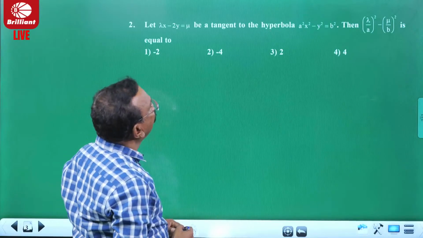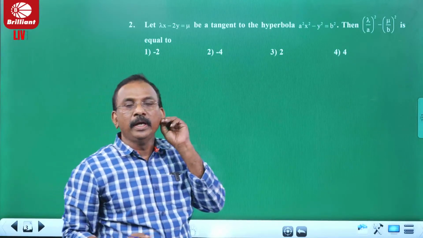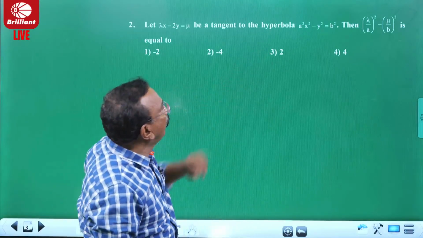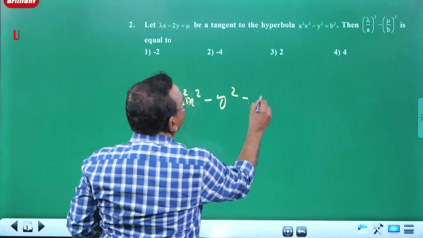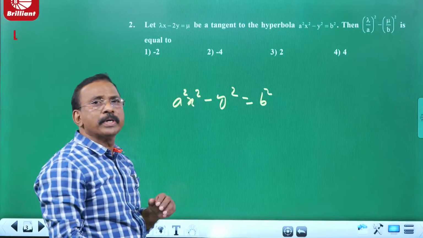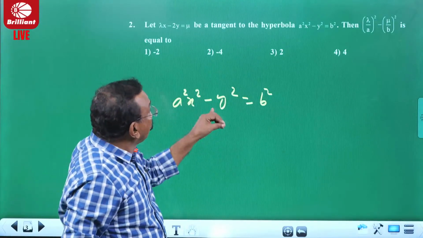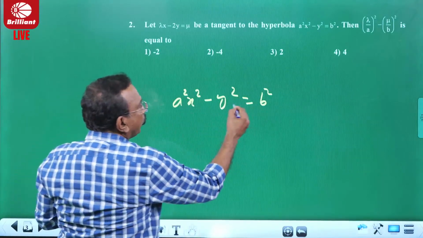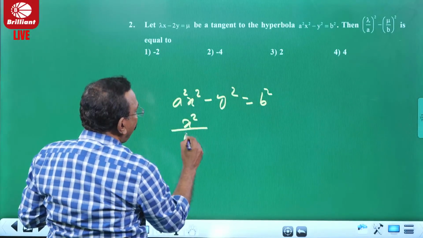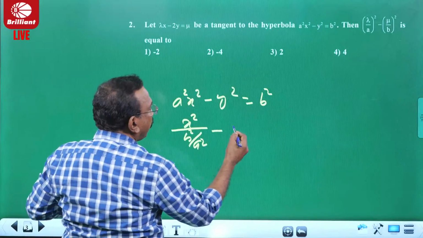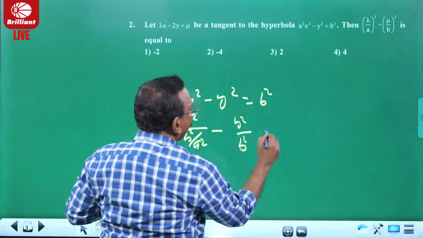Now, this problem is a very interesting question. You know, x square by a square minus y square by b square equal to 1 is the equation of a hyperbola. Whenever you divide throughout by a square b square, it becomes x square by a square minus y square by b square is equal to 1.